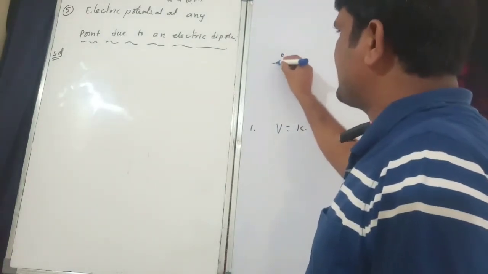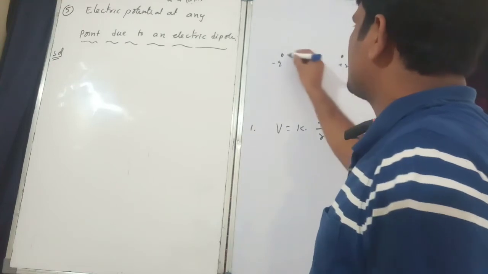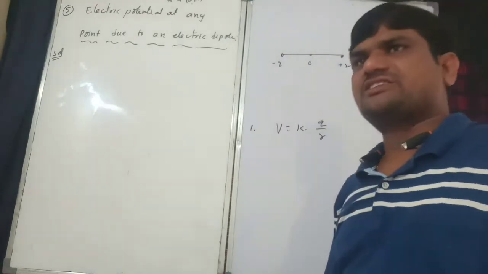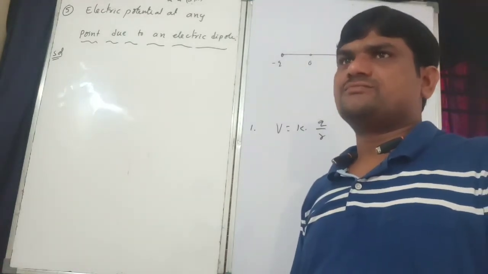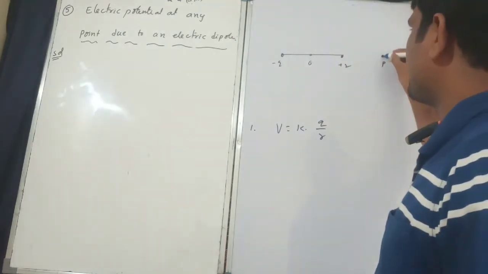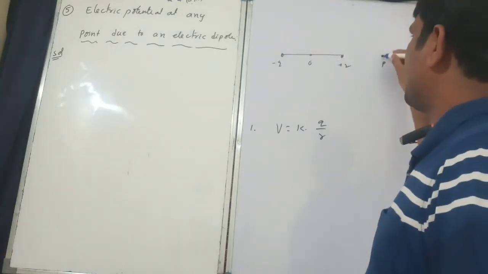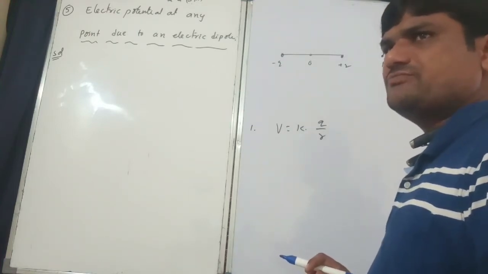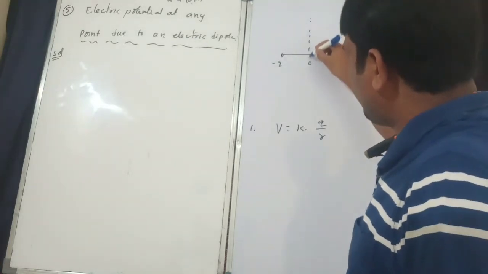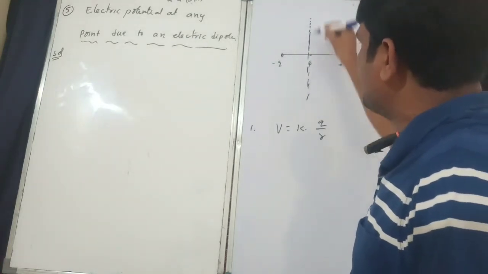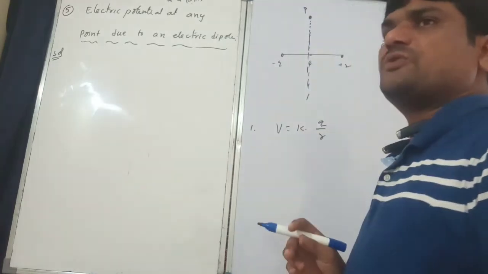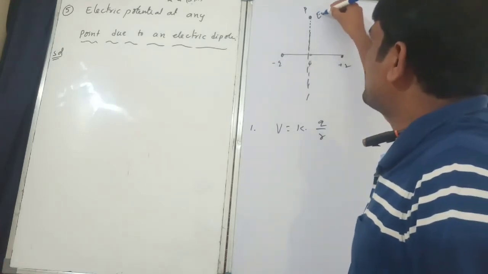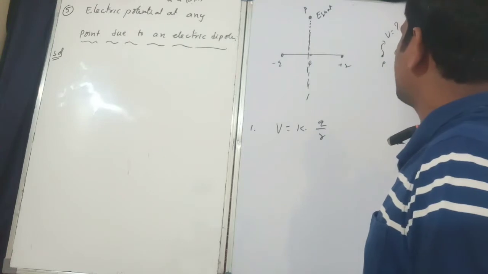Similarly, if I take here minus Q, here plus Q, and here O, somewhere here on the axial line, what is the electric potential at point P? V is equal to how much? Similarly, on the equatorial line at this point, what is the electric potential? This is the equatorial line, this is the axial line.